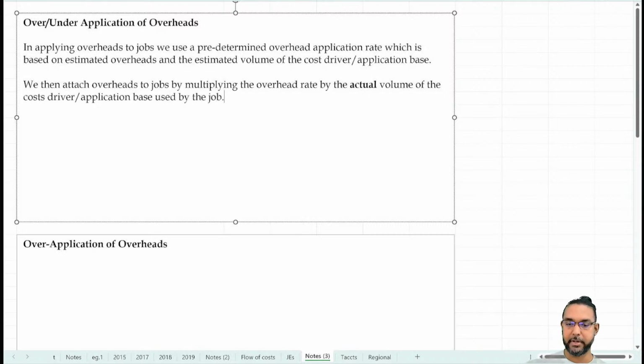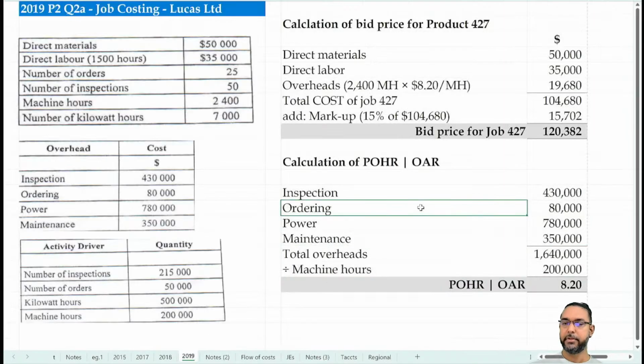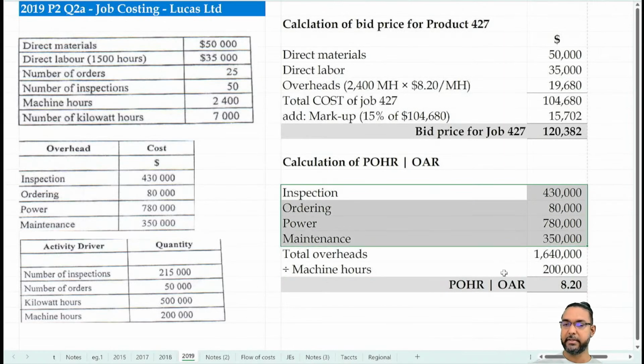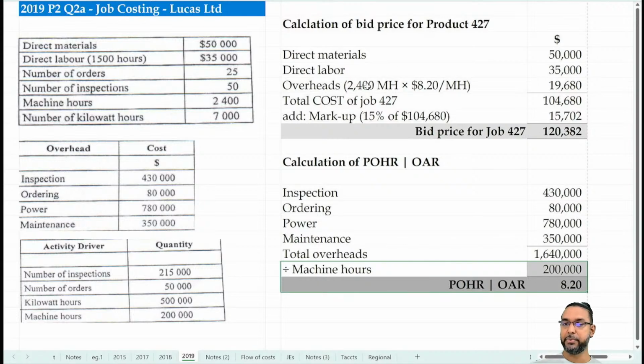So that particular part is in the notes right here. You'll take these estimates, calculate your rates, and then multiply by the actual cost driver. So that's what that part is, right?